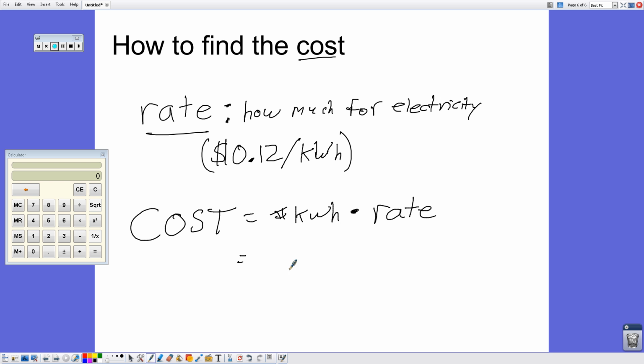So in this case, I got 6 kilowatt hours times 12 cents per kilowatt hour. 12 cents being $0.12 because there are 100 cents in a dollar, in case you didn't catch that. 6 times 0.12 equals 0.72. I owe PG&E 72 cents for running my electric motor for 4 hours.